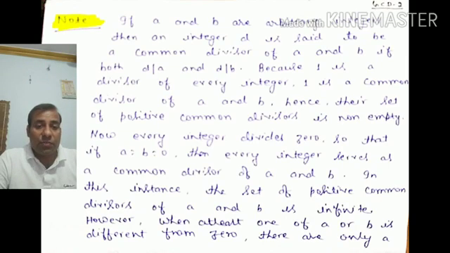However, when at least one of a or b is different from 0, then there will be a finite number of positive common divisors. Suppose we have taken the numbers 0 and 10. Then 10 is divisible by 1, 2, 5 and 10, and 0 is divisible by 1, 2, 3, 4, 5, 6, 7, 8, 9, 10, 11, any number.